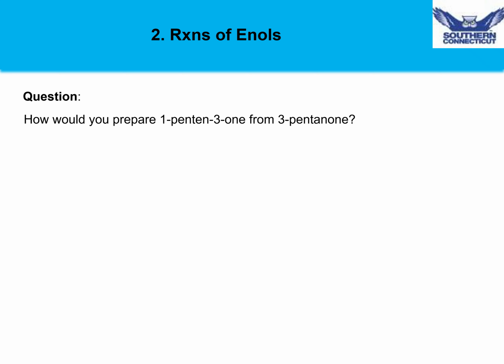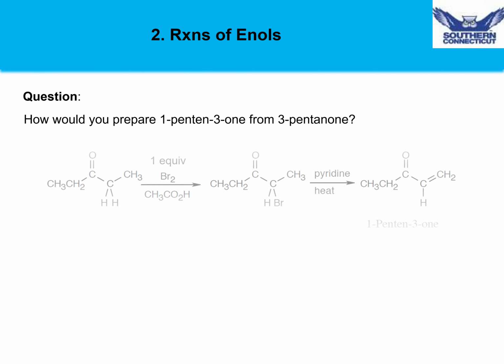Let's now review the reactions from this section by doing this problem. We want to prepare a 1-pentene-3-one compound from 3-pentanone. To make 1-pentene-3-one from 3-pentanone, we would do an alpha halogenation under acidic conditions.